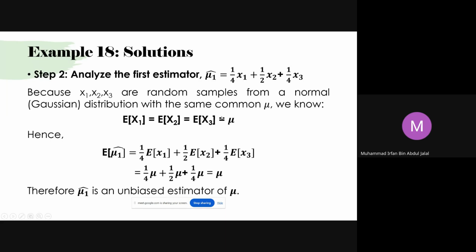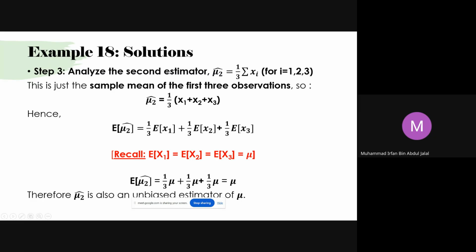Because they come from the same common population mean, we can substitute the values here. As you can see, 1/4 mu plus 1/2 mu plus 1/4 mu equals mu. So in the long run, this first estimator mu hat 1 can be considered an unbiased estimator of mu.